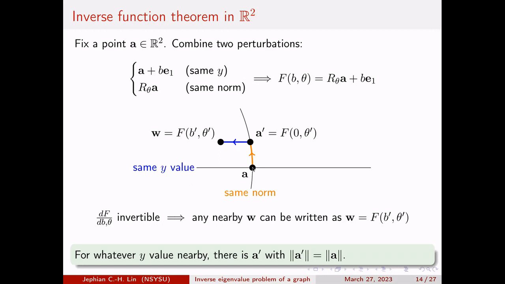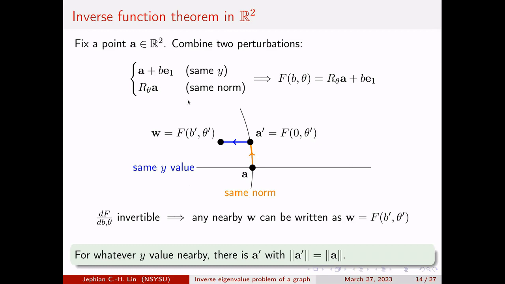So let's say I have a vector A, and this vector A is just in 2 dimensions, so it has 2 numbers. You can imagine that the origin is here. But I'm going to do 2 types of perturbation on this vector A. The first one, I'm going to add to this vector A in some direction, left and right.